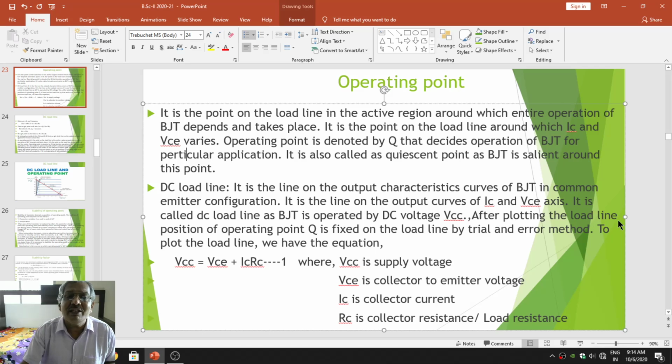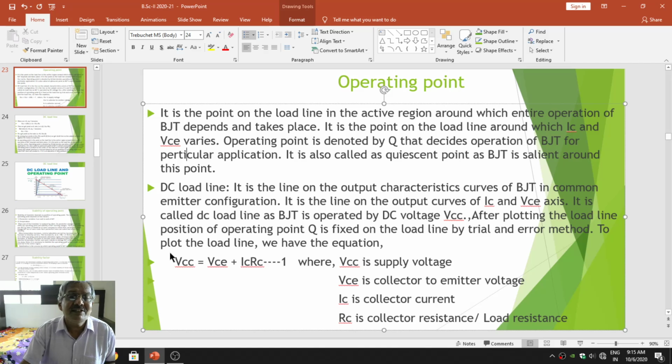After plotting the load line, the position of operating point Q is fixed by trial and error method on the load line. To plot the load line, we have an equation which we studied last year, and that is VCC equal to VCE plus ICRC.